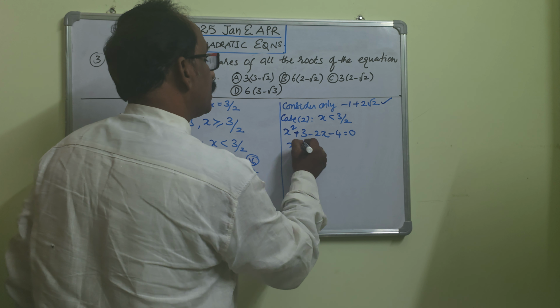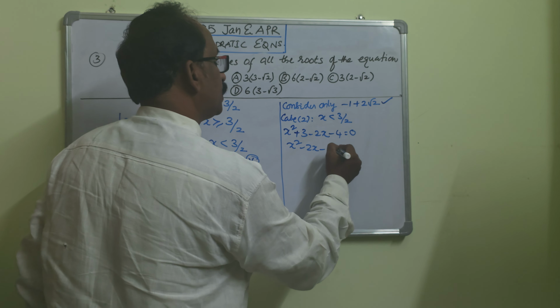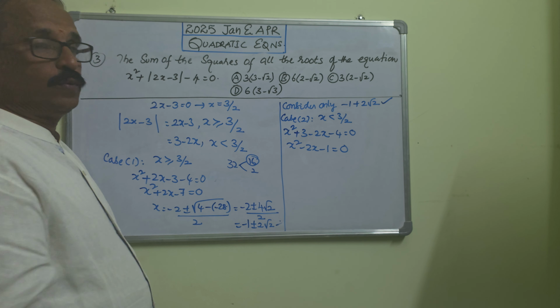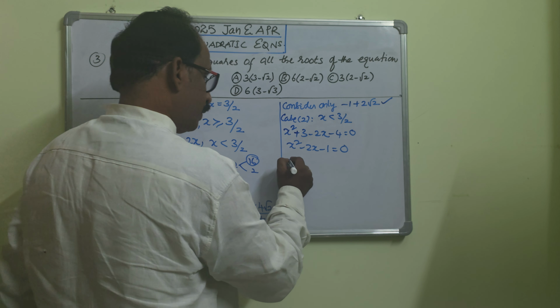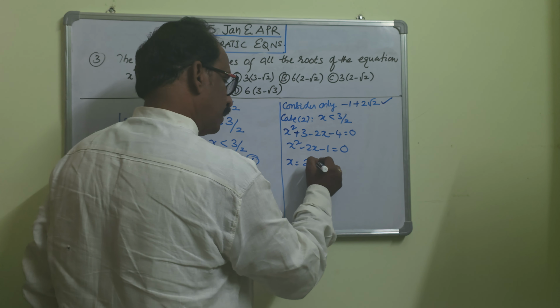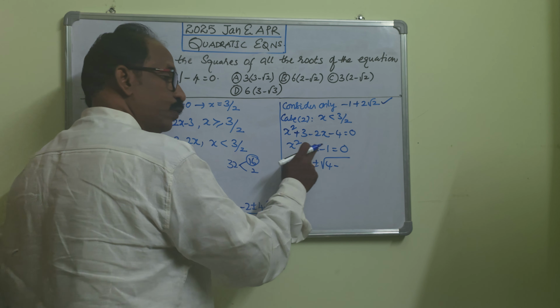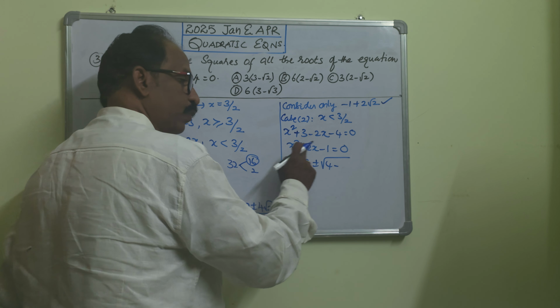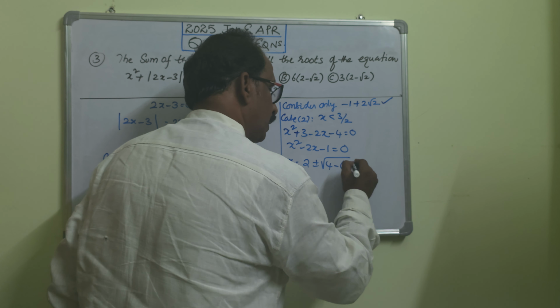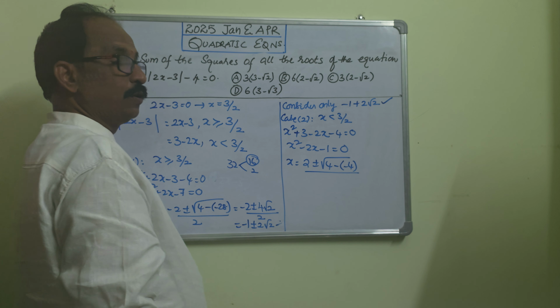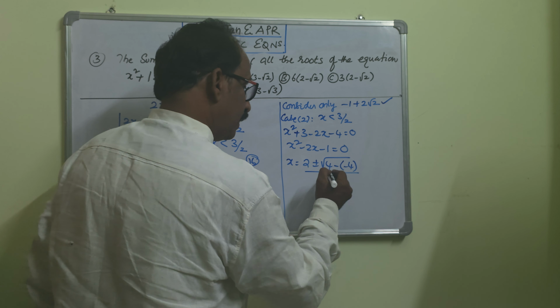Then x square minus 2x minus 1 is equal to 0, since 3 minus 4. So x is equal to minus b plus or minus square root of b square minus 4ac, 4 into 1 into minus 1, so minus 4, by 2a.